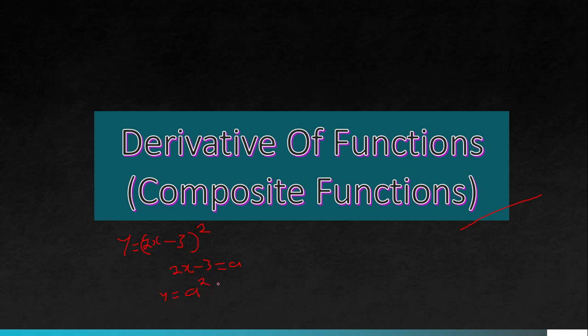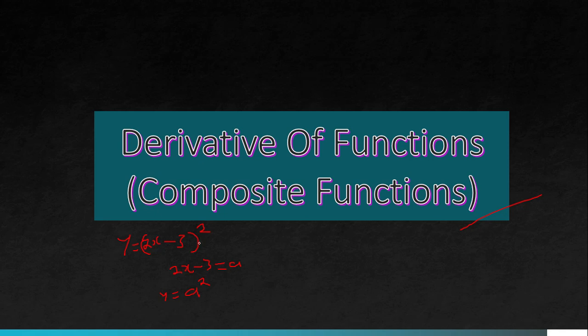That's why we call composite functions a function of a function, inside a function. So this 2x minus 3 is a function inside an outermost function of something squared or something cubed. So a composite function is a function embedded inside another function.